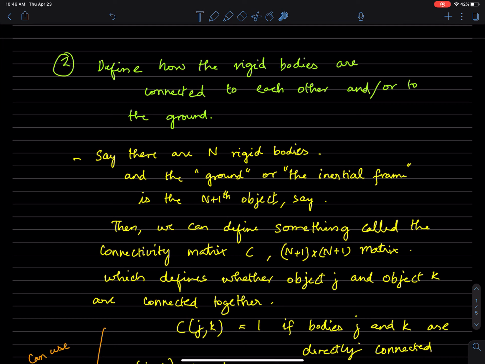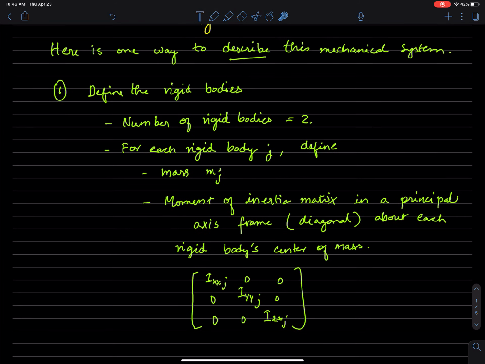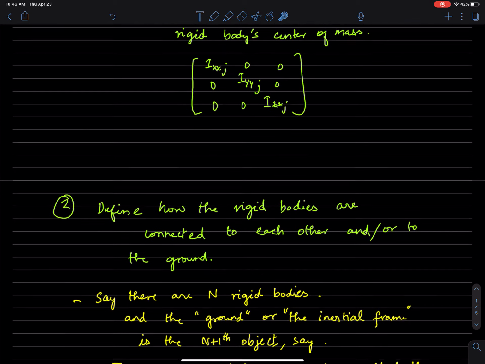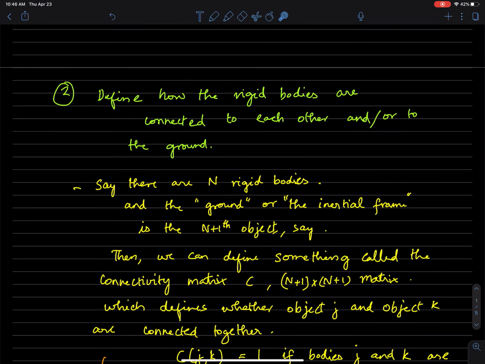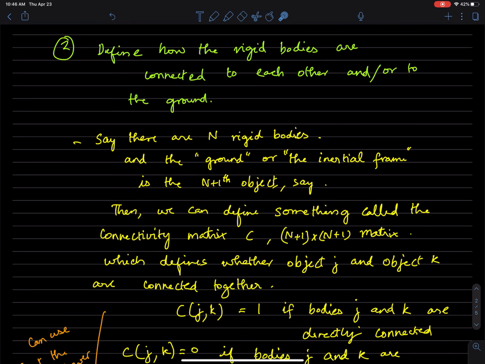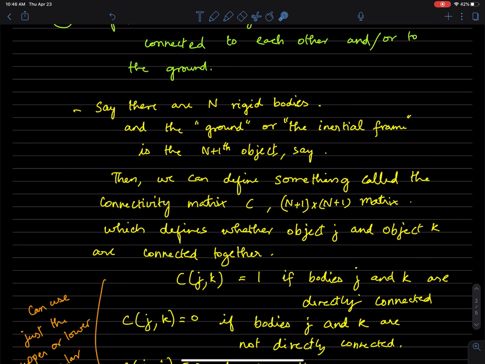And then we define how the rigid bodies are connected to each other and or to the ground. Okay, how are the rigid bodies connected to each other or to the ground? In this case, of course, it's just ball and socket joints, but we can have more detail on that. So how are the rigid bodies attached?